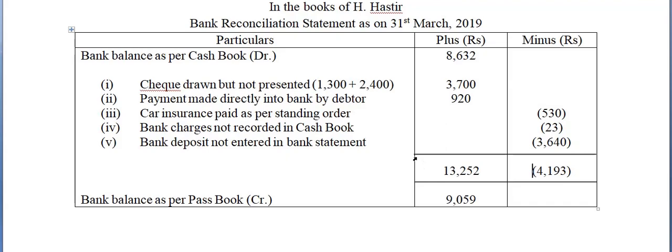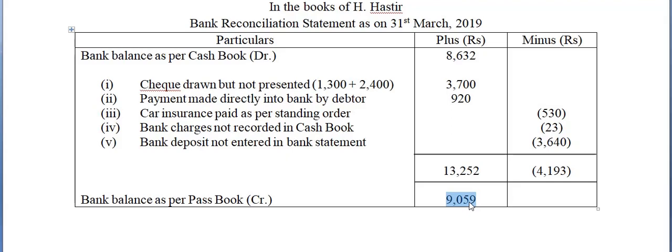Now you will draw a line. Now find the total of the plus side. It will be 13252. And for minus, it will be 4193. Now see which side is more. Obviously, the plus side is more, which means the difference between these two items, 13252 minus 4193, 9059, is the difference.